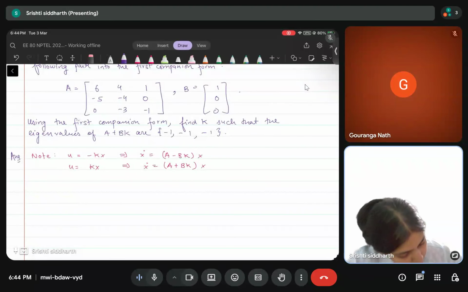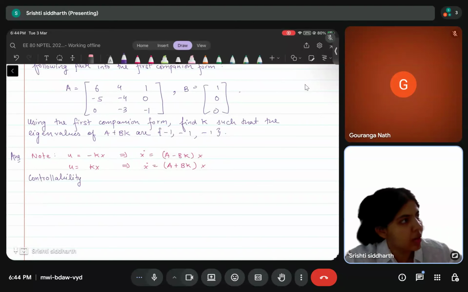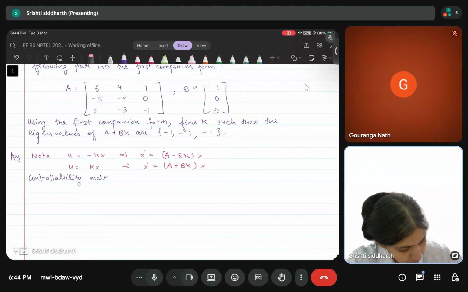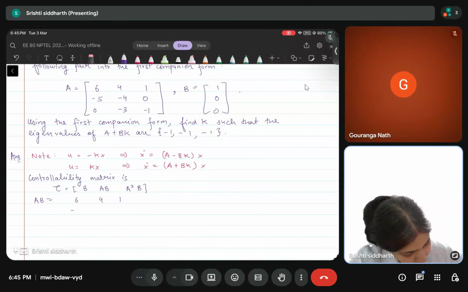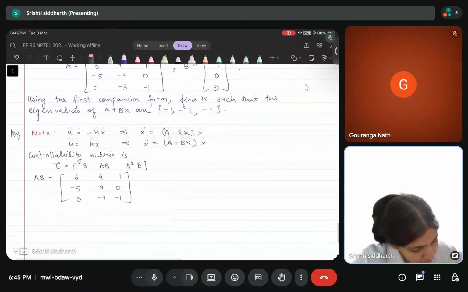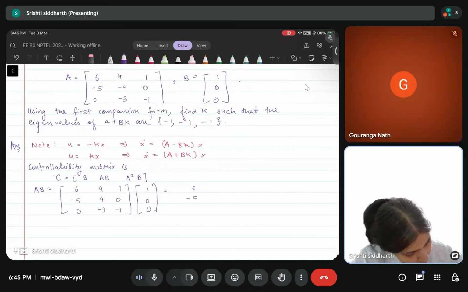So for a third order system, it's going to be C equals [B, AB, A squared B]. So AB is going to be 6, minus 5 and 0.